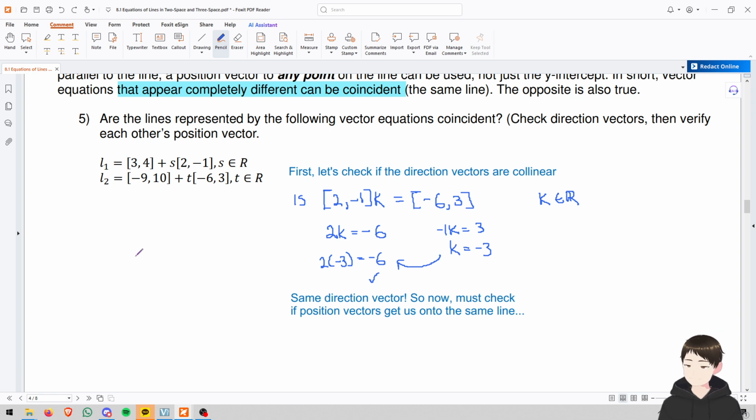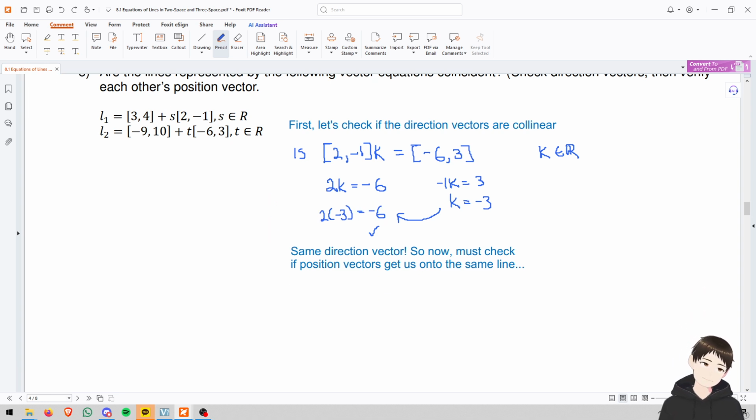Either one will check off, right? Because (3, 4) exists on this line, obviously, but if (3, 4) exists on that line, then they are the same line because they have the same direction vector. Since (-9, 10) already exists on this line, we just check that. So choose one. I'm going to choose (3, 4) to test because it's just a smaller number. Not that it really matters.